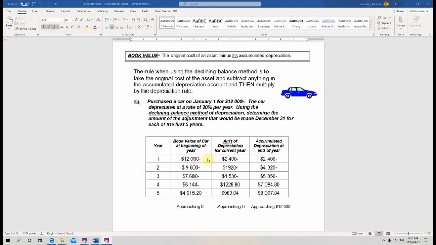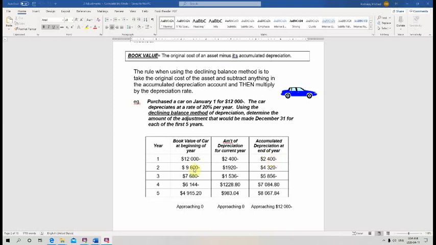So the amount of the depreciation for the current year is 12,000 times 20%, and it's going to give you $2,400, right? So that $2,400, that's the first time we depreciate, it goes in our bucket, it goes into accumulated depreciation. So at the end of the year, there's going to be $2,400 in our bucket in accumulated depreciation.